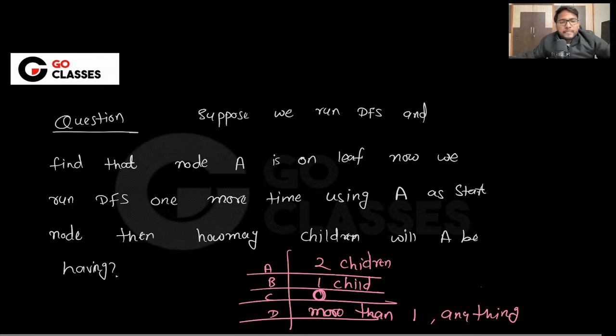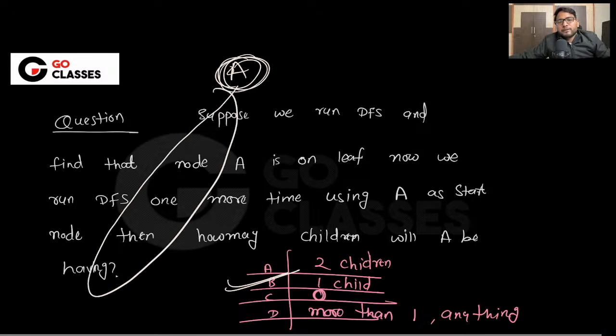What is the answer? The answer is definitely one child, right? Exactly one child. If you are starting at this particular node A, since it was a leaf, I know it cannot be an articulation point. Hence, it will have exactly one child, right?